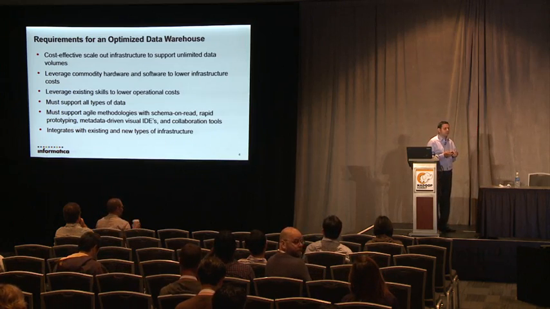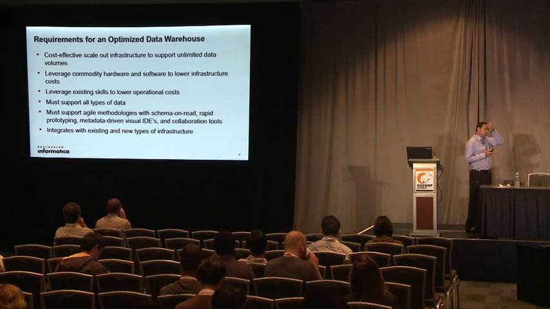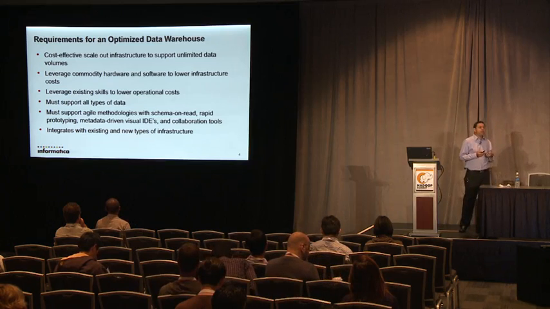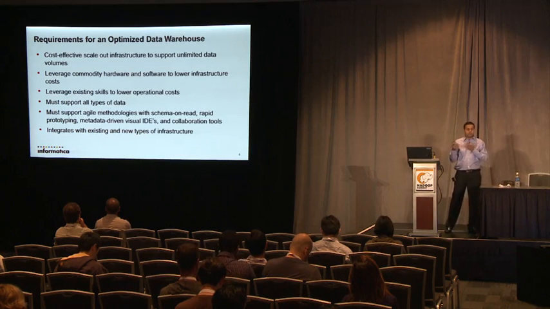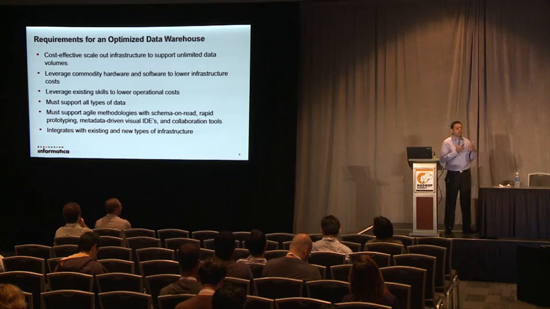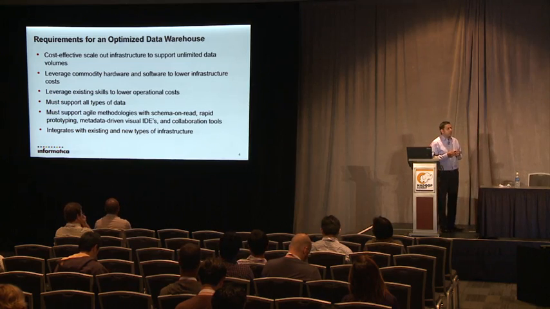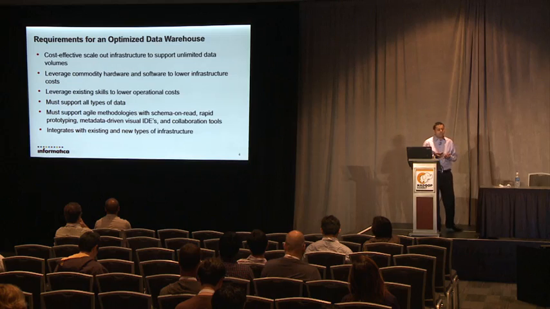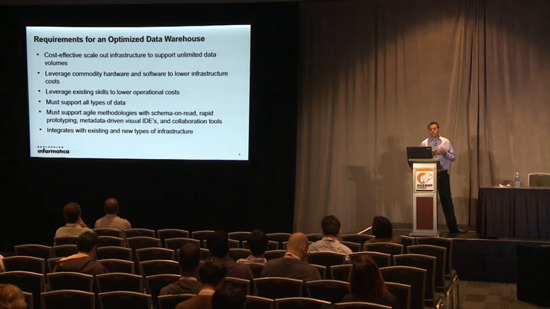So customers are looking for these requirements, and should also be able to support most of all the other new data types that are out there, which traditionally you were not able to do in your data warehouse, but which we need now. It should also support the new agile methodologies for schema on read.